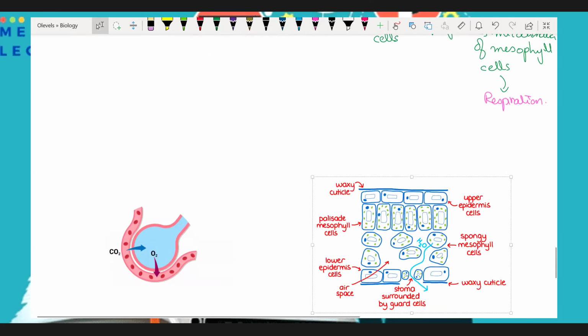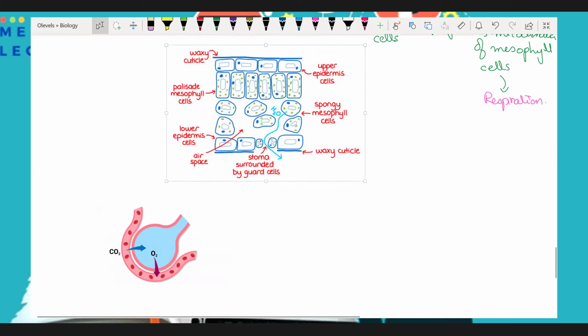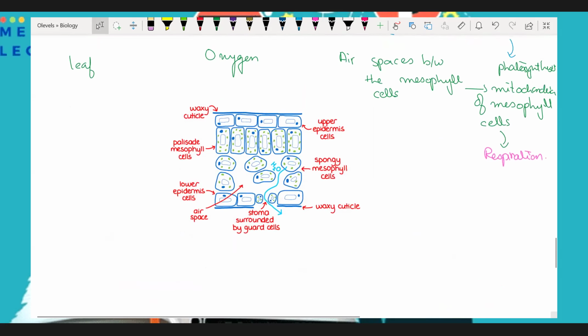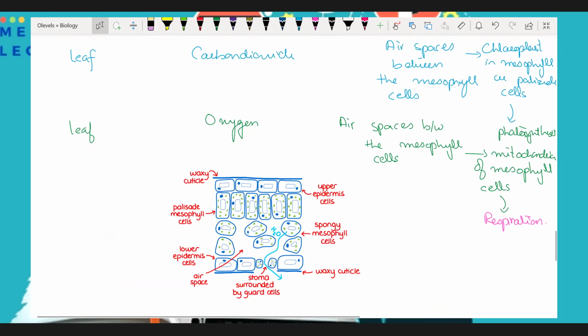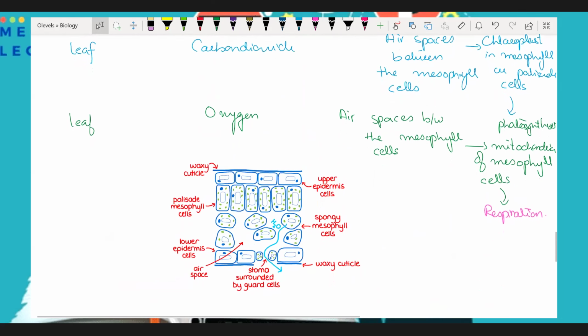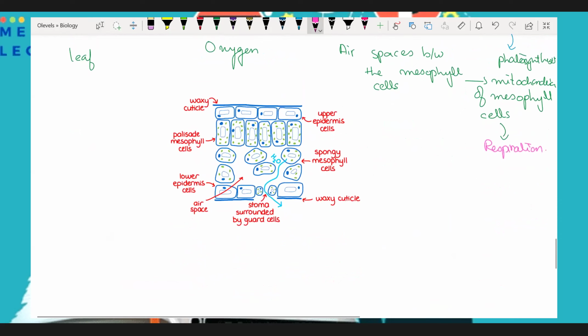Let's consider this picture. Okay, so we know that carbon dioxide moves from the air spaces between the mesophyll cells. So here, these are the mesophyll cells, right?